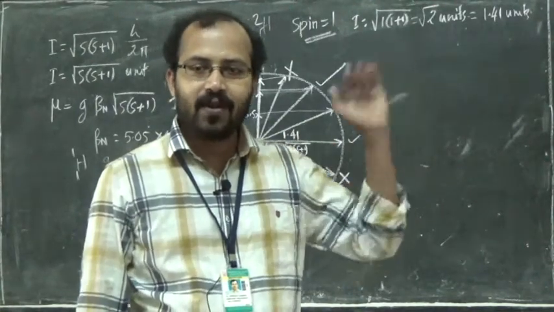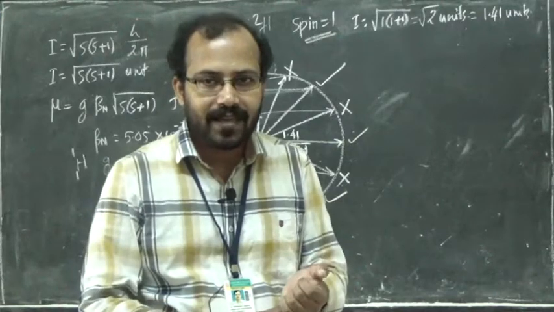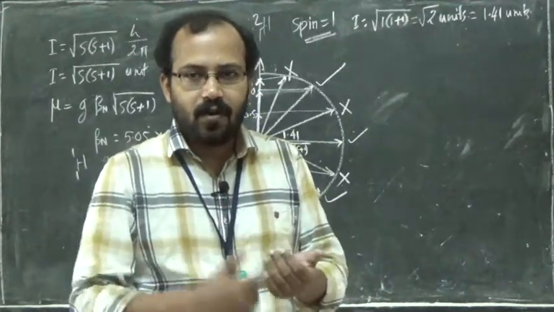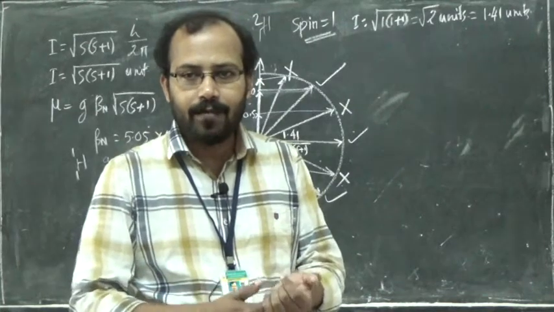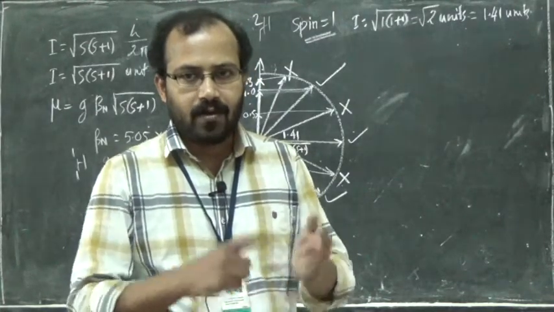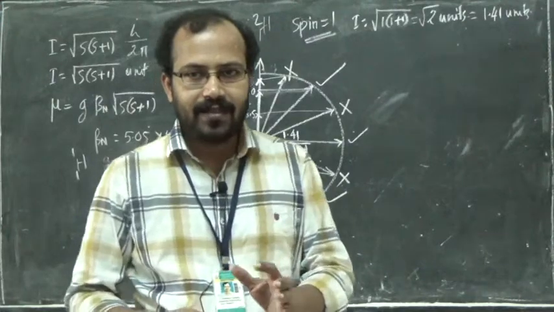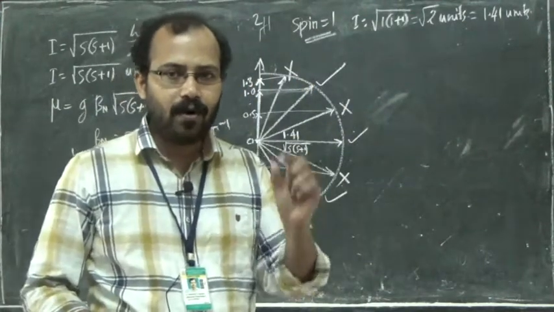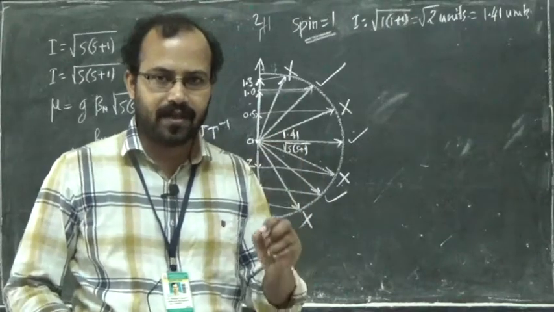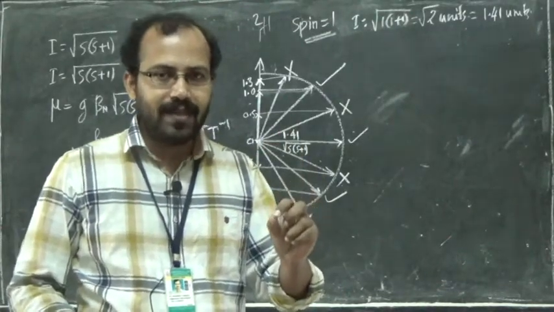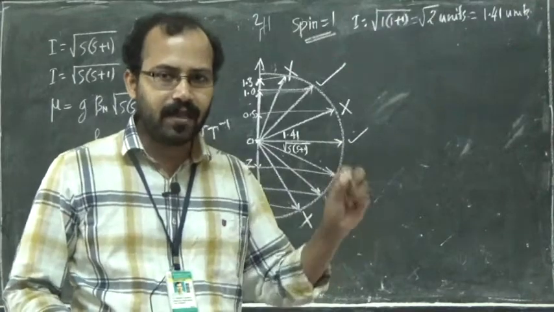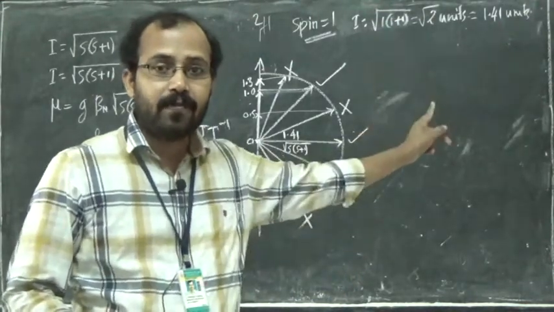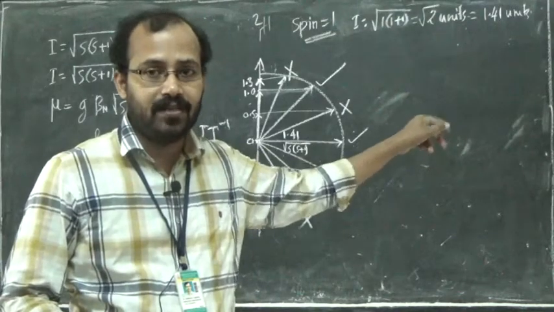So this is a quantum mechanical restriction. What would we say? There is a quantum mechanical restriction on the spatial orientation of the angular momentum of the nucleus. The angular momentum vector of the nucleus can only orient in certain restricted directions, for which the components in a reference direction are all integral units if the spin is also an integer.